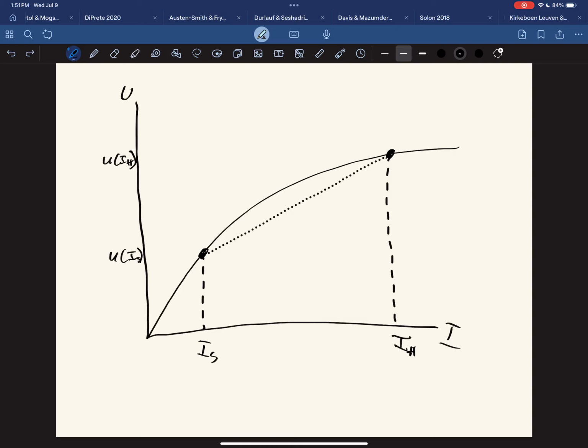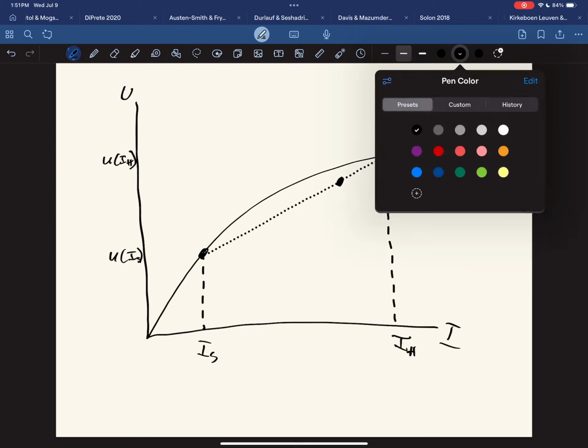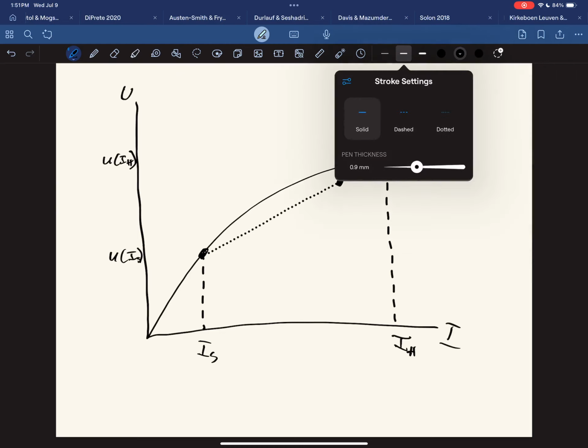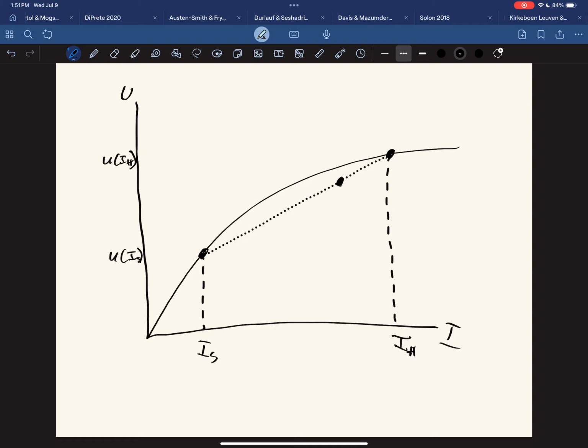That's about a quarter of the way along, about here.